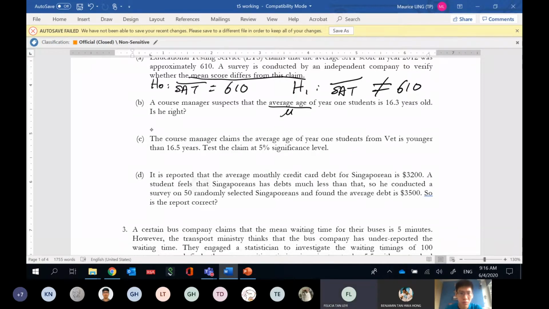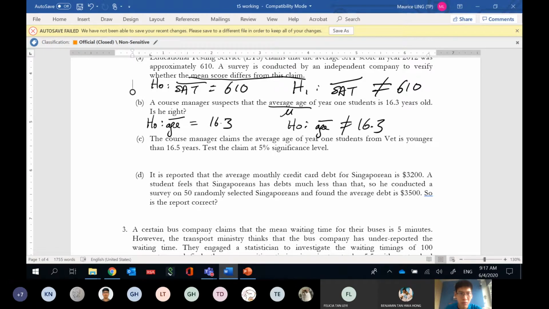Okay. So you can actually say mu or average age. Normally I just put the bar on top of the age. It simply tells you that it's average. So you can write this way: the null is 16.3. The alternate hypothesis is the average age is not equal to 16.3. Okay, good.